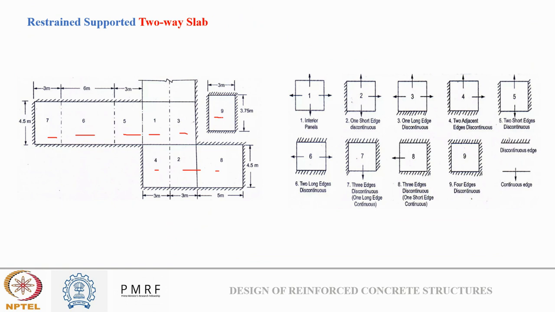You can see the ninth one, where four edges are completely discontinuous, and the first, where all the edges are continuous. Based on this, we can classify a restrained supported two-way slab into nine categories.